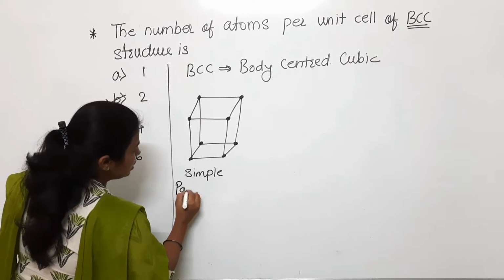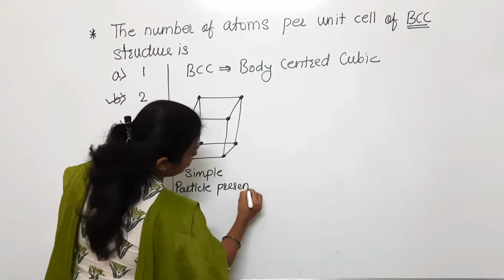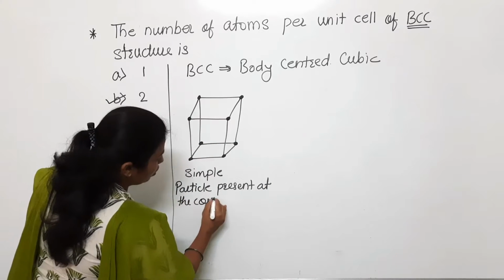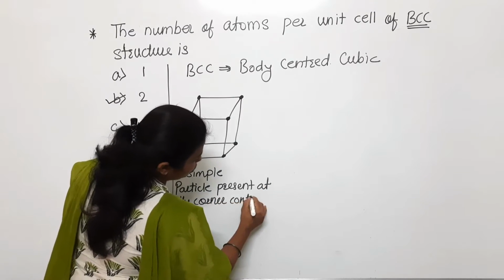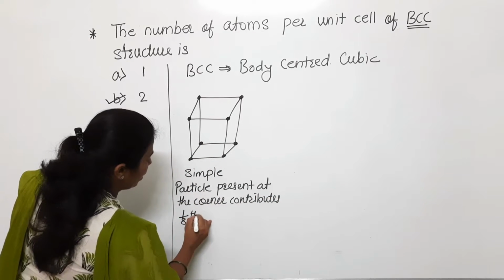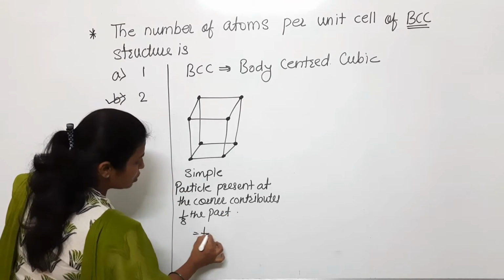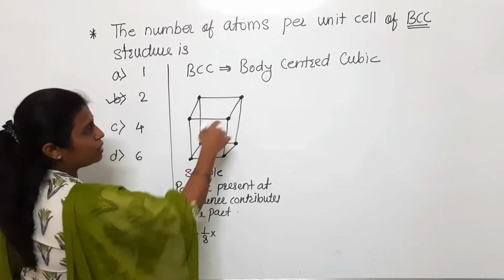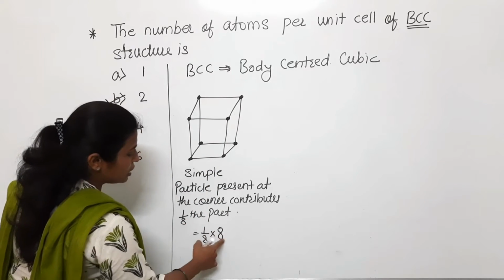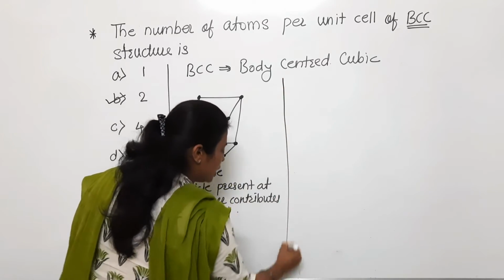Because the particle present at the corner contributes 1/8 part of each one. That's why number of atoms is equal to 1/8 into how many particles we have shown at the corner, that is 8. That's why 1/8 into 8, answer will be 1. So here we have completed for the simple.